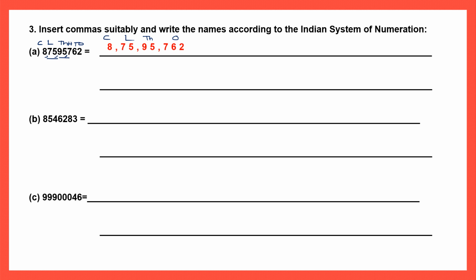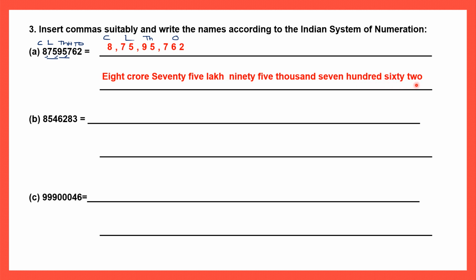So when we read this, how do we read? 8 crore 75 lakh 95,762. So let's write down the names according to the Indian system of numeration. 8 crore 75 lakh 95,762. So we've written it down in the Indian system.